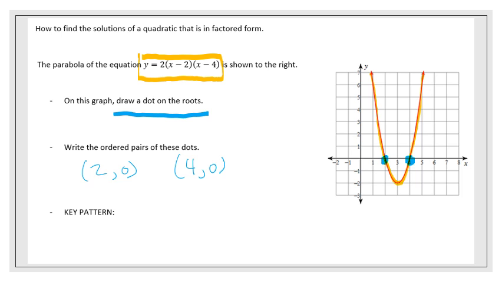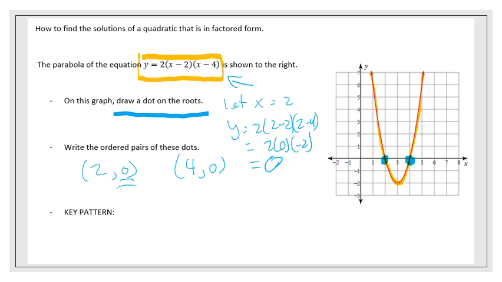Now notice, if I go back to my equation and substitute in 2, so I let x equal 2, then y is going to be 2 times the quantity 2 minus 2 times the quantity 2 minus 4. So I get 2 times 0 times negative 2. Anything that is being multiplied by 0 is 0. So our y value is 0, which is what we have right there. It'll be the same thing if I substitute 4 into this equation and solve for it.